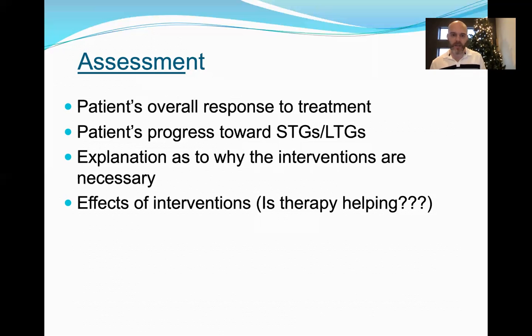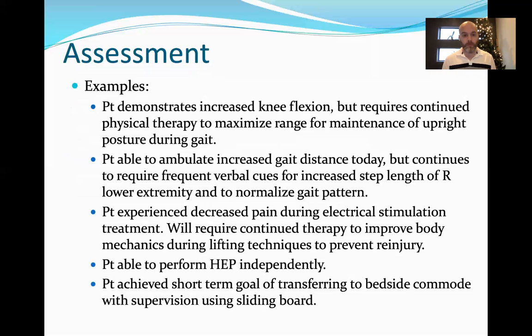Patient needs to continue therapy to get back to pain-free. If we're seeing a kid, patient needs to be pain-free so they can get back to play at recess with no pain, or they can play on the monkey bars with their friends without falling. They have adequate strength to do that, things like that. There's some examples.